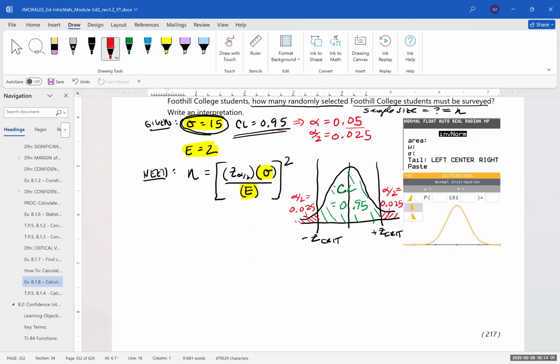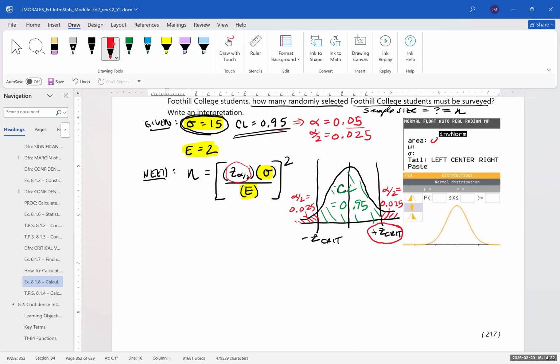So the Z alpha/2 score we need is positive. So I'm going to try and calculate this critical score here because it's already positive. Okay. Yeah. So let's go ahead and do that. We're going to be using the inverse norm function.